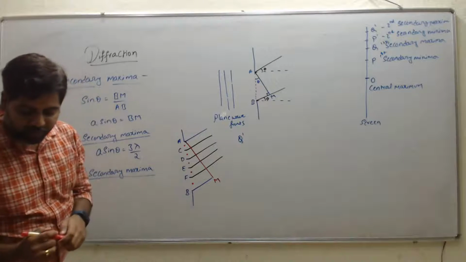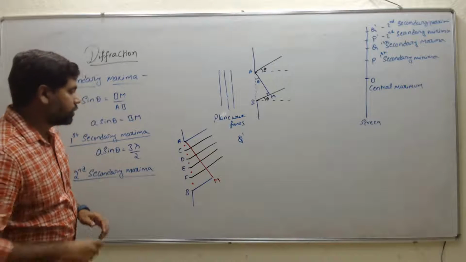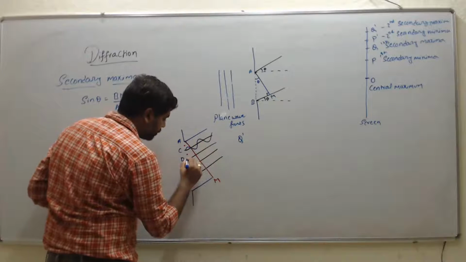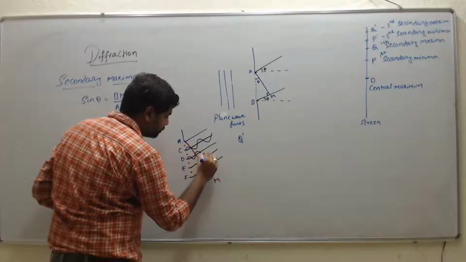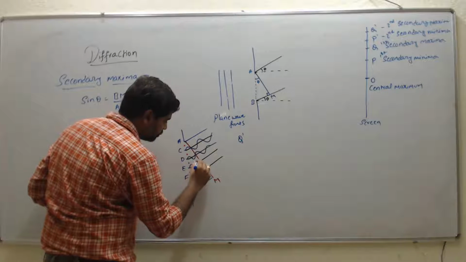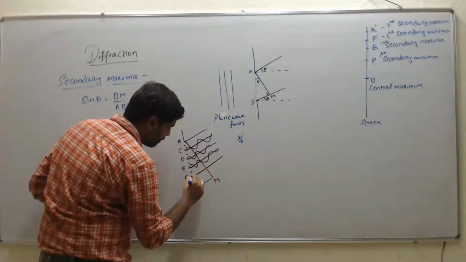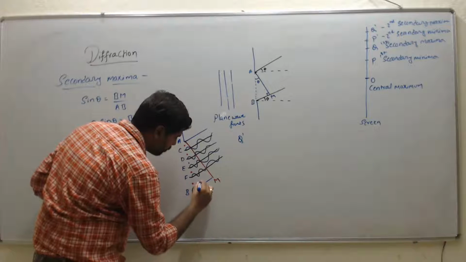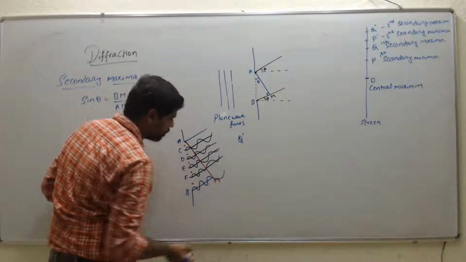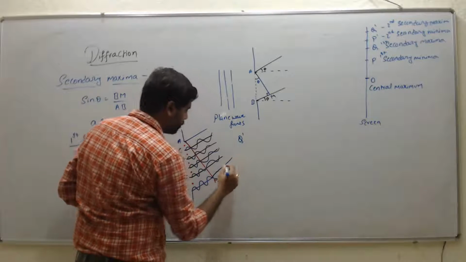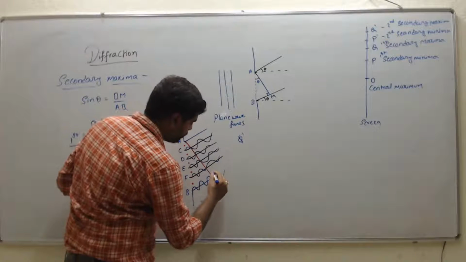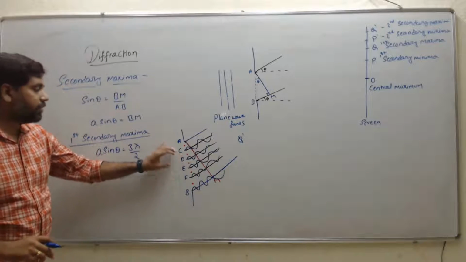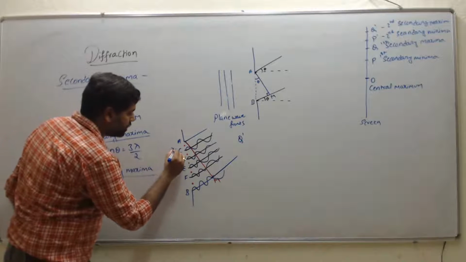So now, if we draw the waves which are coming from these parts, observe here at the point C, we have the path difference lambda by 2.